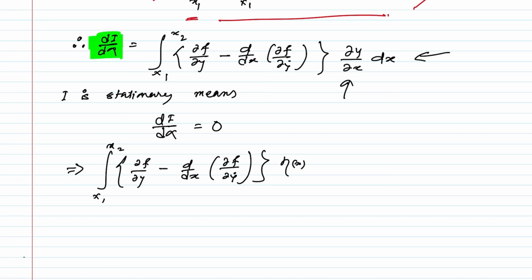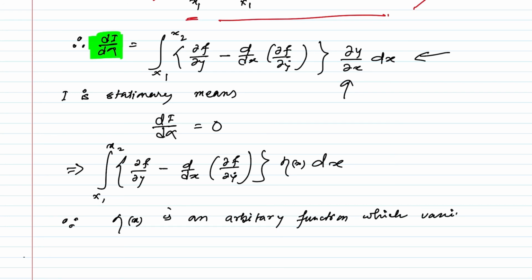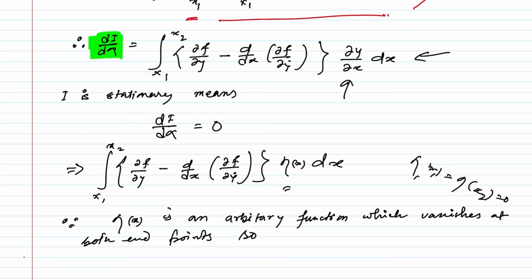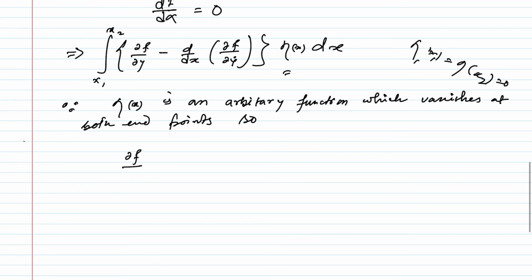So now eta dx. Okay. So since eta of x is an arbitrary function which vanishes at both endpoints, as we have already got that eta of x1 is equal to eta of x2 is equal to 0, that is why we can write del f by del y minus d by dx of del f by del y dot is equal to 0.